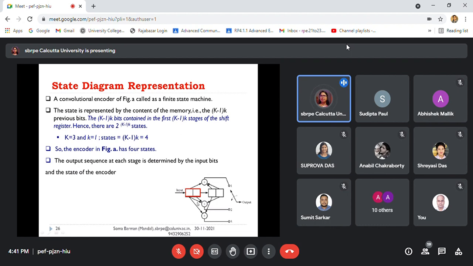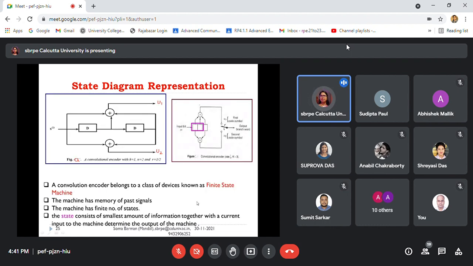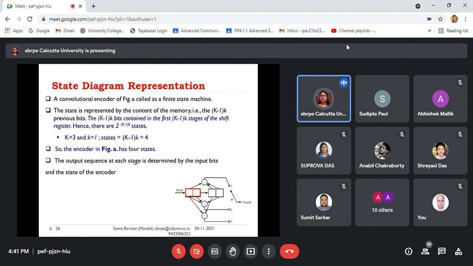If the configuration of the encoder is like that, not our example, in this case we are considering a single bit coming into the encoder. That means the message contains a single bit of information.